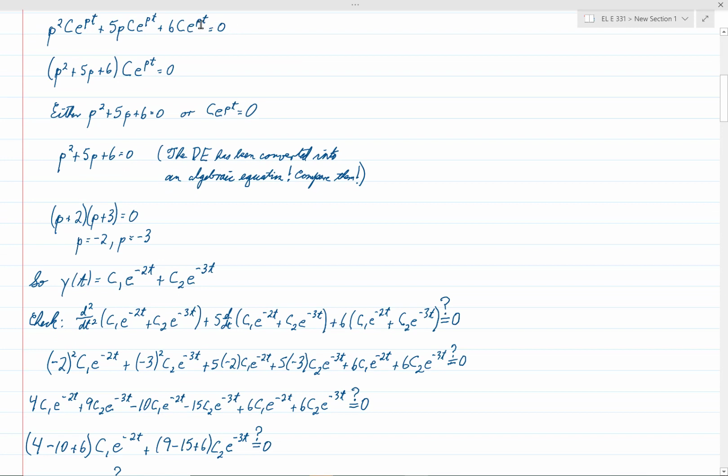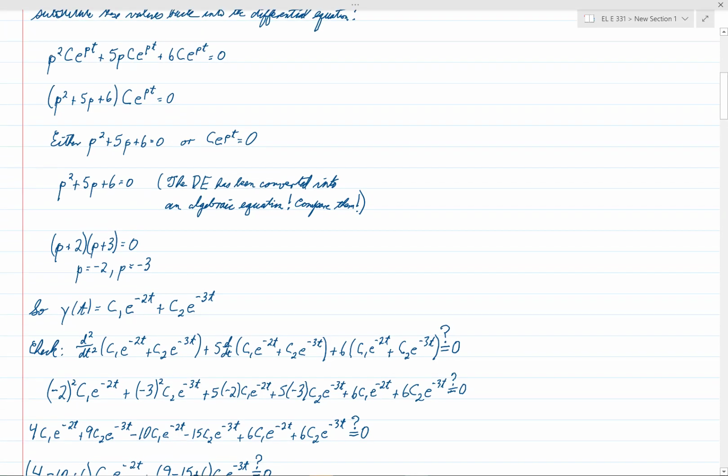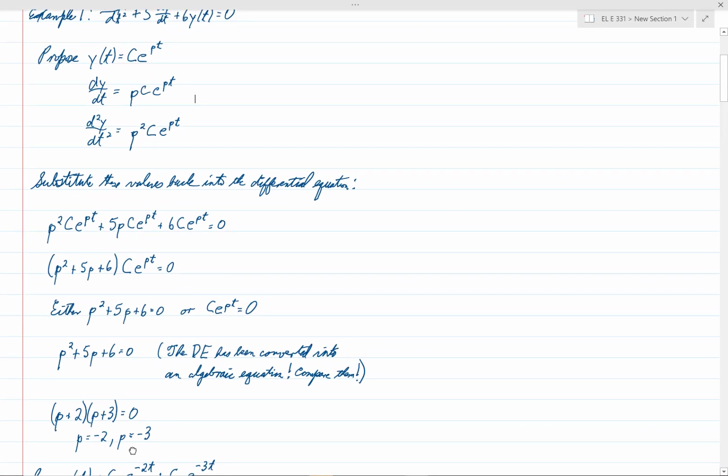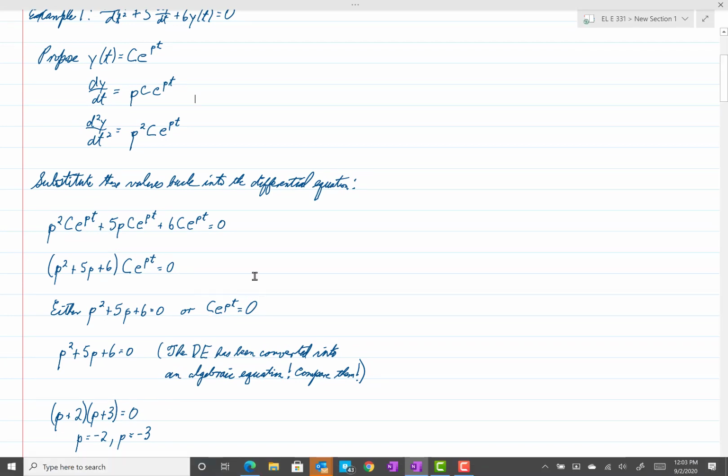Now, looking at this equation, if we factor out c e to the pt from every term, then we see that the equation can be written like this. And so for this equation to be true, either p squared plus 5p plus 6 is equal to 0, or c e to the pt is equal to 0. Now let's think about this for a moment. This c e to the pt, well, that's y.